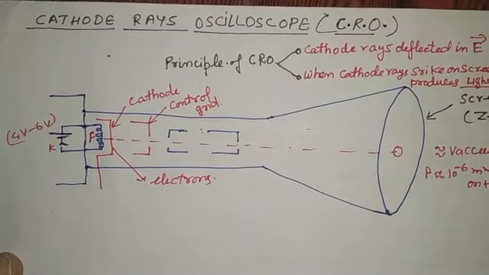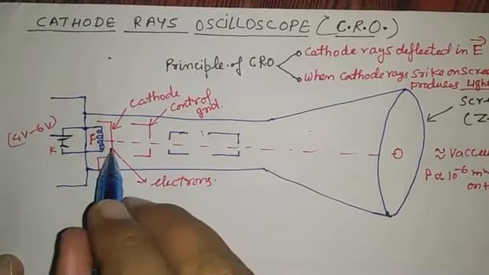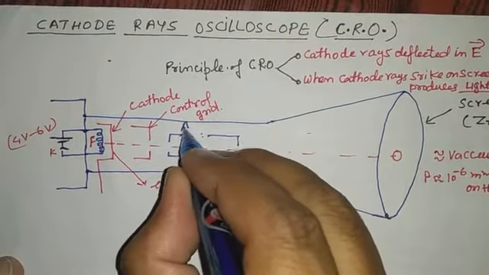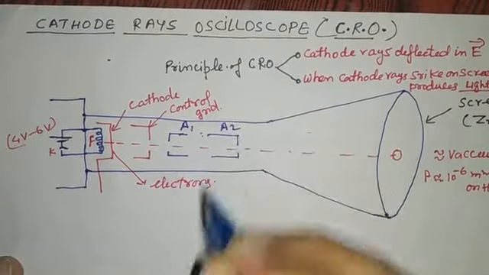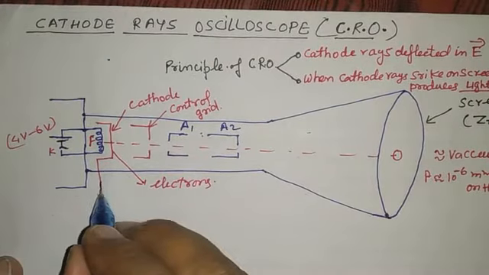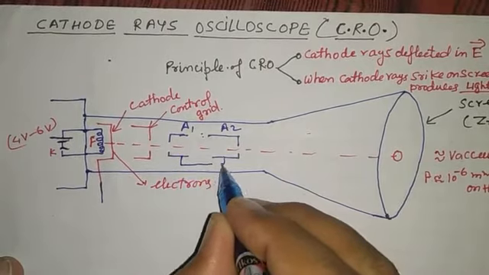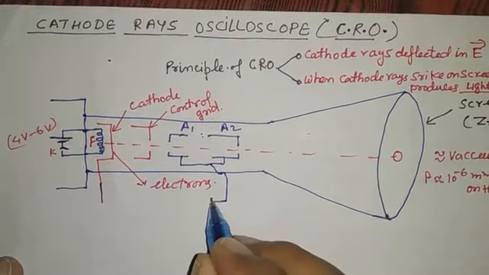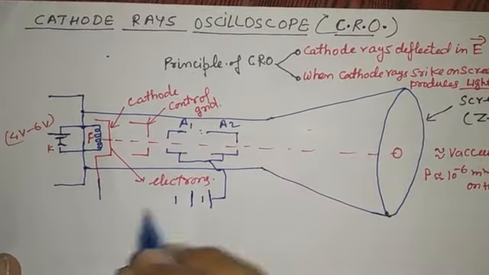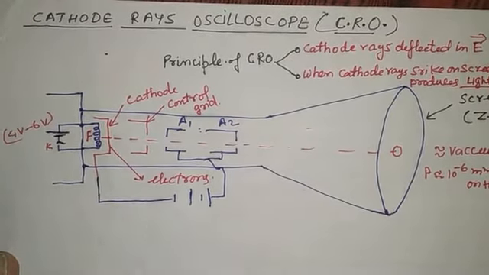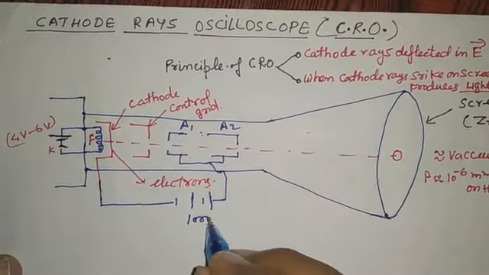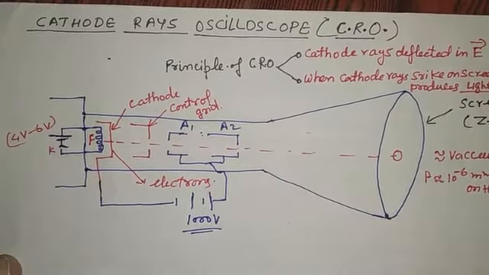And here is a pair of anodes, A1 and A2. This anode is kept at a higher positive potential with respect to the cathode, around 1000 volt supply.